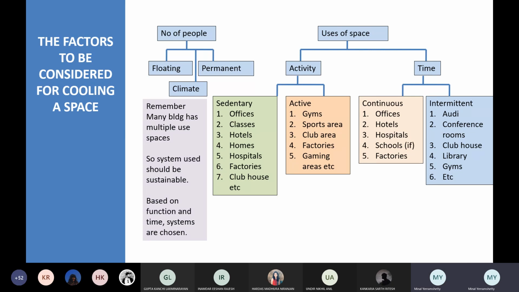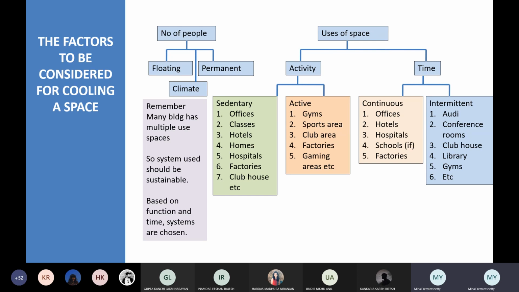Now suppose I'm using a package unit system, I can use the package unit sensibly and sustainably by shifting the same package unit to the library when the library starts. So I don't have to invest for the library as well as for the gym. The same system can be used for both of these.